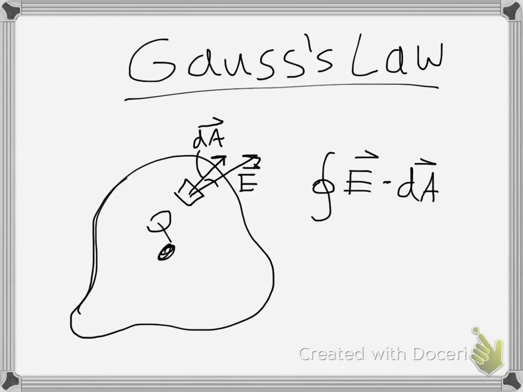The integral of E dot dA is the electric flux phi over the whole surface. So that's what we did in the last video. And now I want to talk about Gauss's law.